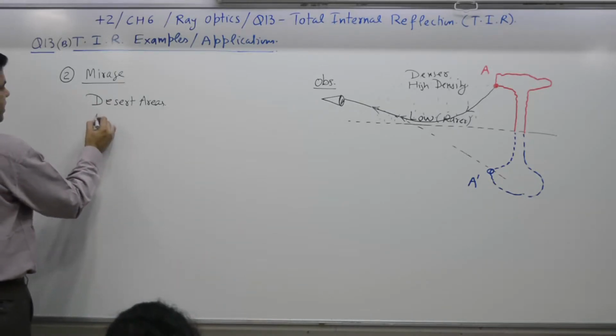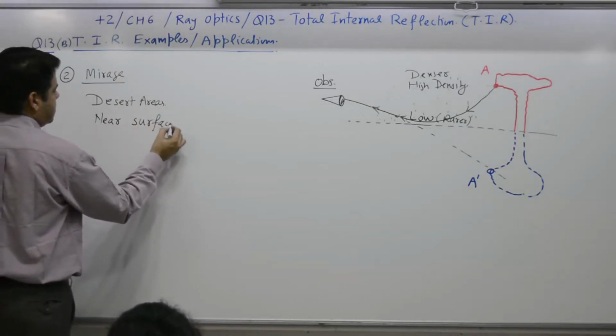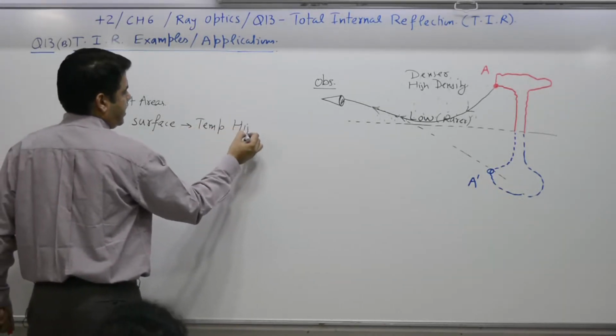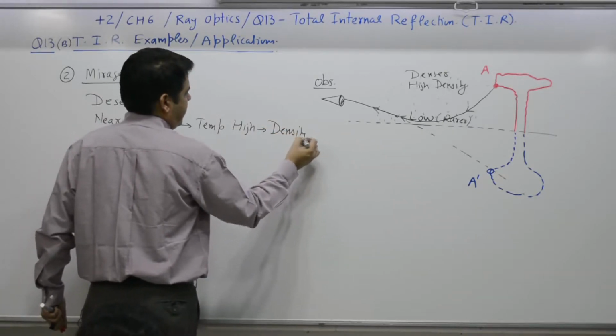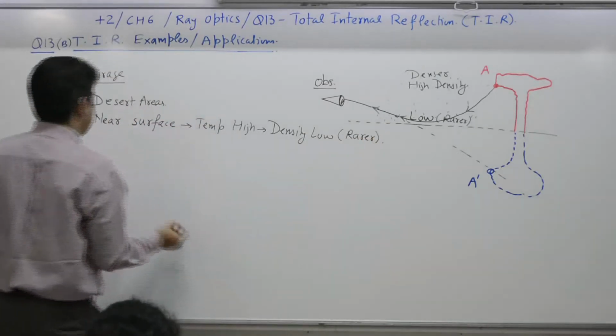This is one. It is in desert areas. Near the surface, temperature is high, density is low, so it becomes a rarer medium.